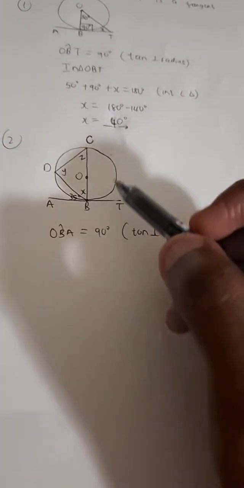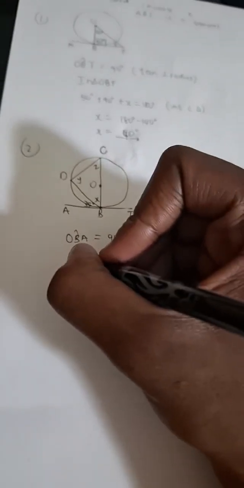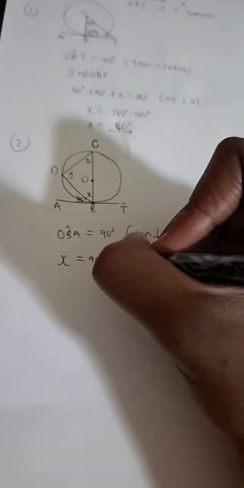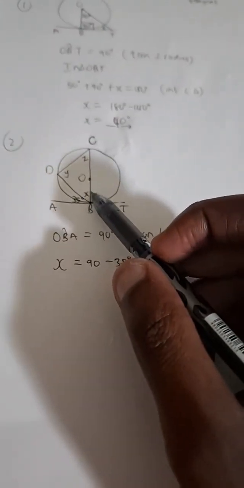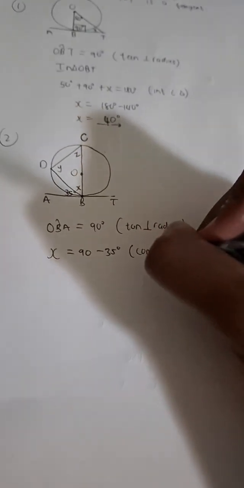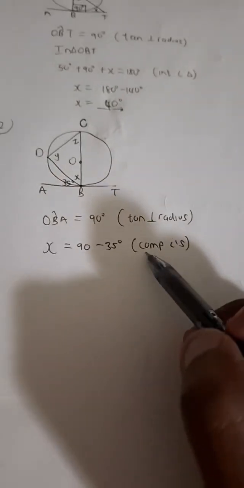Then, since all of it is 90, I can say X is equal to 90 minus 35, because X plus 35 is equal to 90. X is equal to 90 minus 35. Reason? Complementary angles.